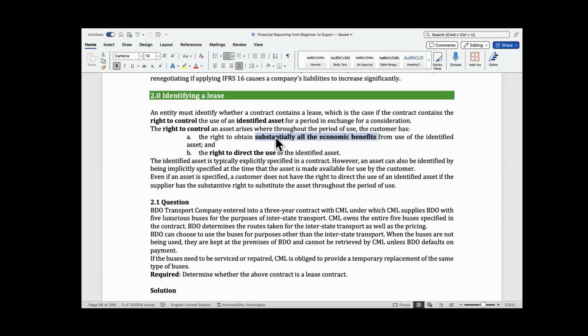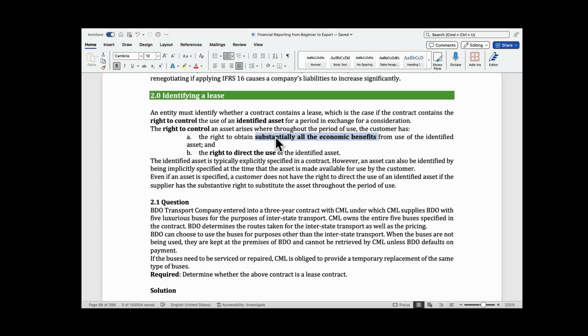Not only that, it must also be in such a way that there is an identified asset. There is a specified asset that we can point to, that this is the asset the lessee has rented. Say we have a lessor who has buses that he is ready to give out, and somebody comes to him saying, I want to rent one of your buses.